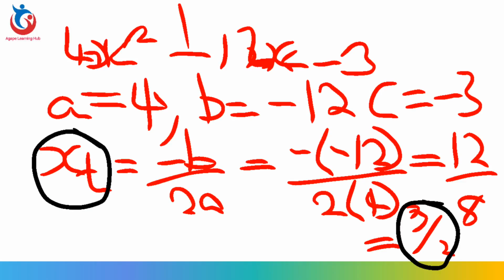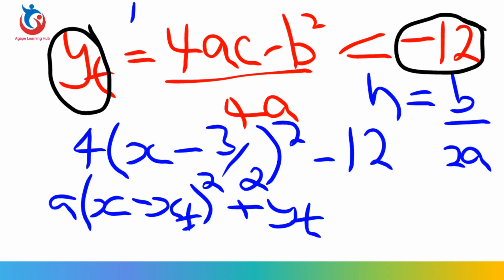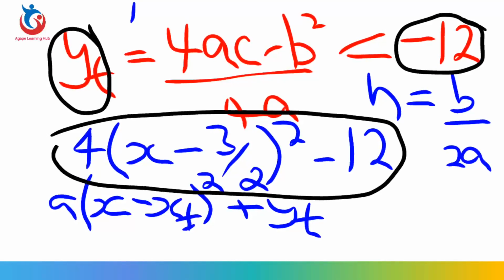The question asks us to find the value of x for which 4x squared minus 12x minus 3 equals 0. So what we need to do, write this down, and we're going to equate that to 0.